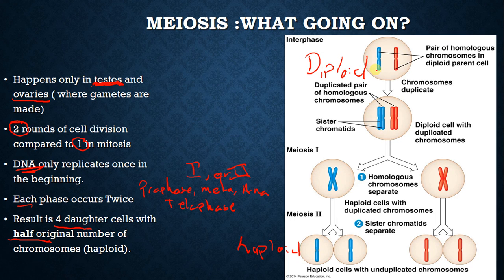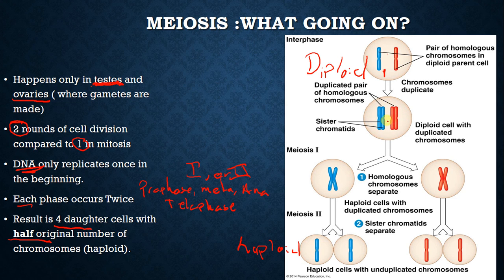And here's kind of an overview. Maybe this organism only has 1 chromosome, with 2 copies of it in the diploid cell. And it duplicates its genetic information. So now we have 2 copies of that homologous chromosome right here.